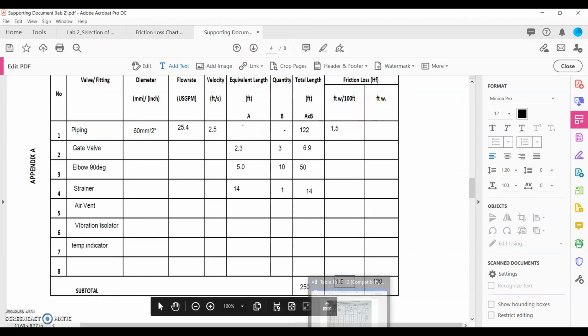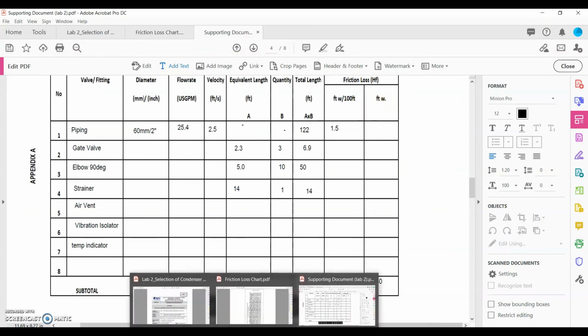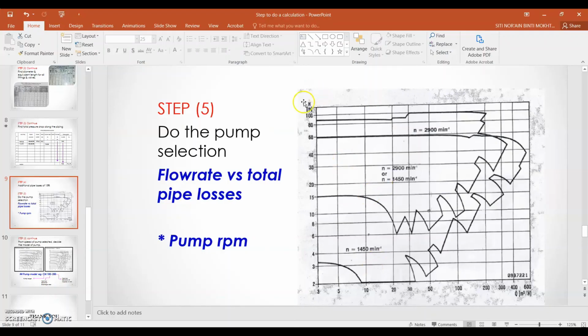So when it comes to the pump curve, you need to convert it from feet to meter. And then also the water flow rate: from the catalog of the system with EWM 100 model, you get the cooling condenser water flow rate is 25.4.